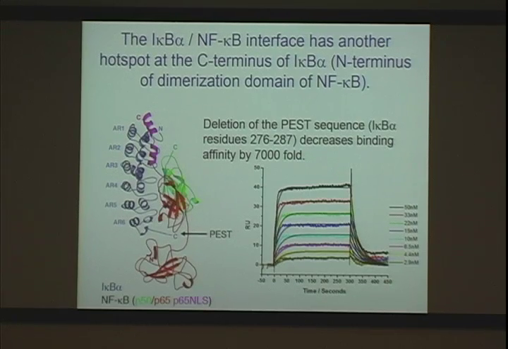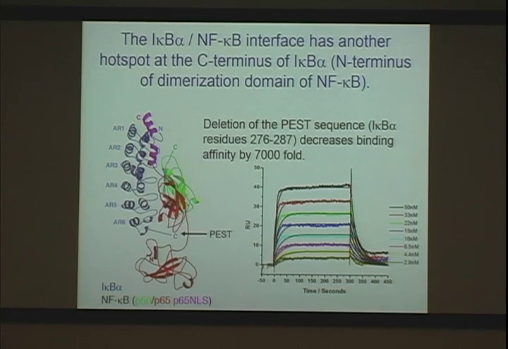At the other end of the interface, we truncated 11 residues just past where you see the interaction here, from here on out. Again, the binding was dramatically weakened. In fact, Guri had done some mutations at interface residues, and he never saw much of an effect on binding.